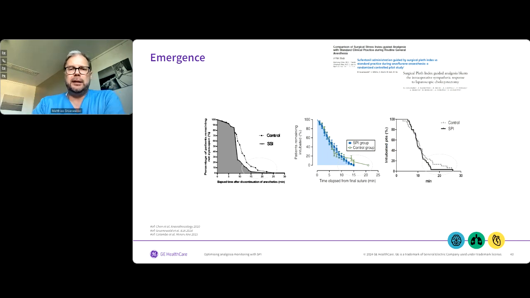In all those studies, including our multi-center trial, we see such phenomena. These are plots of the Kaplan-Meier curve of waking up. And in the control group, you often see such a tail here, which includes 10 to 20% of your patients.